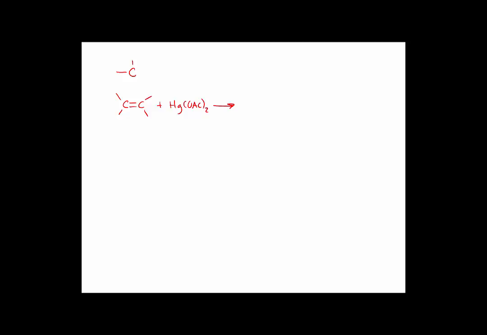Okay, so I'm going to start with that. So let's do this without the triangle. I'll put 2 methyl groups here, and I'll put 2 hydrogens here. So let's make this asymmetric.